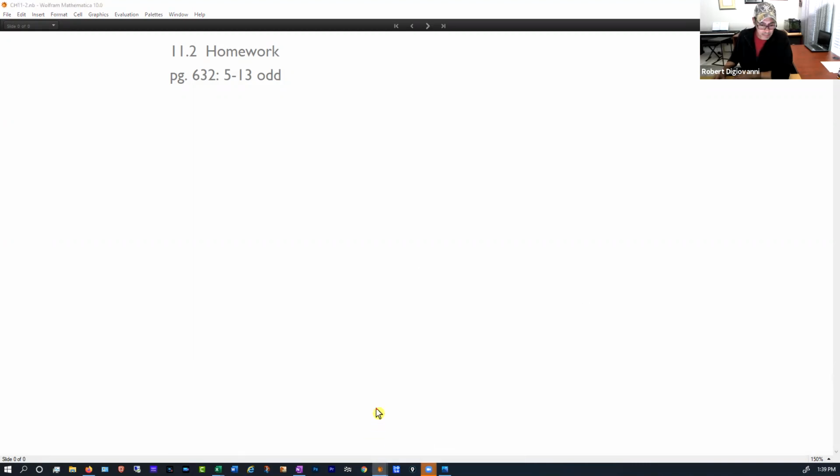So 11.3 is what's called partial derivatives. And I don't want you to look at the word partial as meaning we're not going to cover this completely, okay? The word partial here doesn't mean we're trimming it back for any reason.